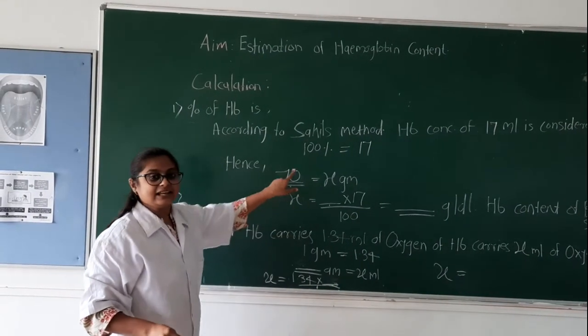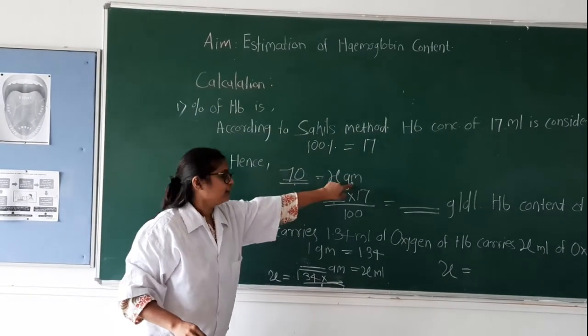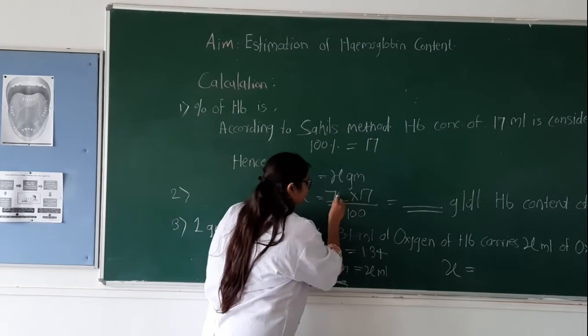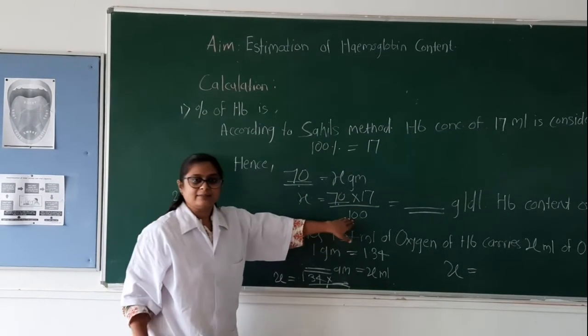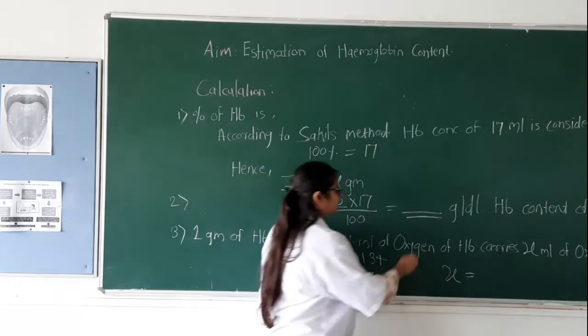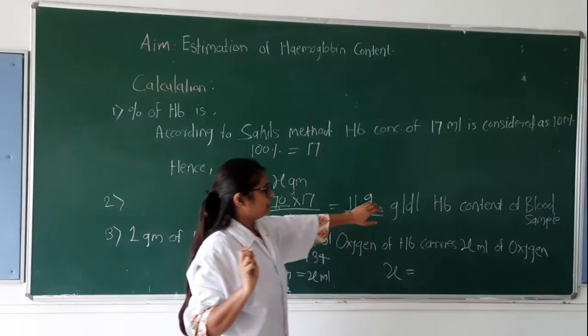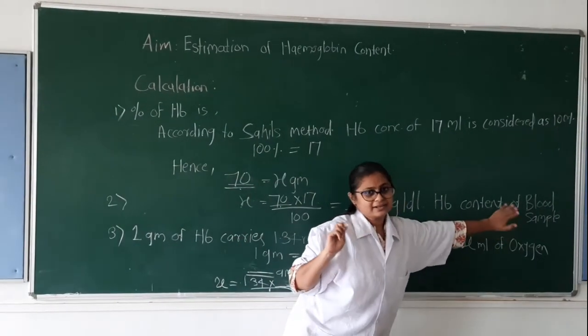Okay, 70 is considered as x gram. Now the next one is x is equal to 70 into 14.5 divided by 100, which is equal to 10.15 gram per 100 ml, which is the hemoglobin content of the blood sample.